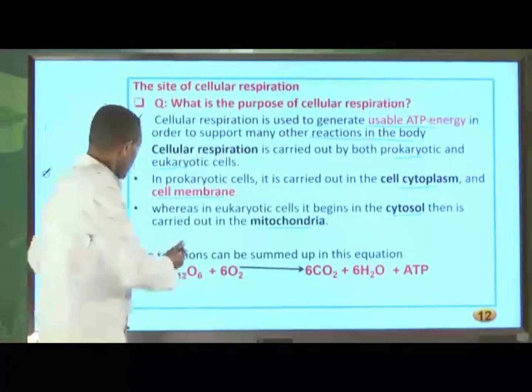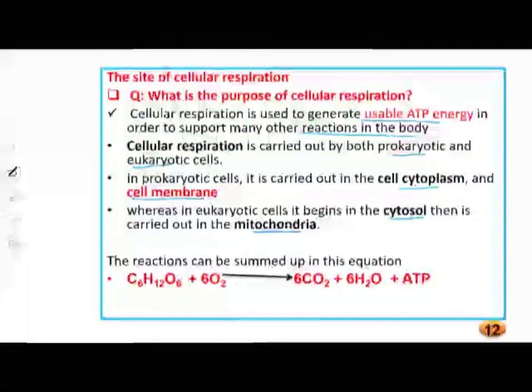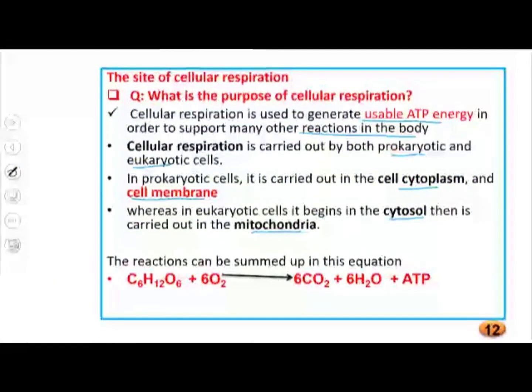Here, if you see the sum of the reactions of cellular respiration, to completely oxidize 1 molecule of glucose, we need 6 molecules of oxygen. Finally, 6 molecules of carbon dioxide and 6 molecules of water are produced, and this energy, ATP, is also produced.